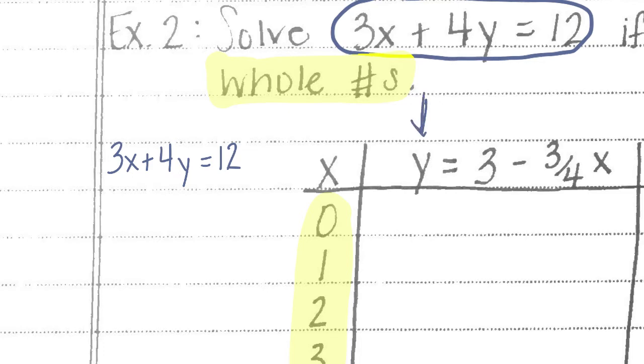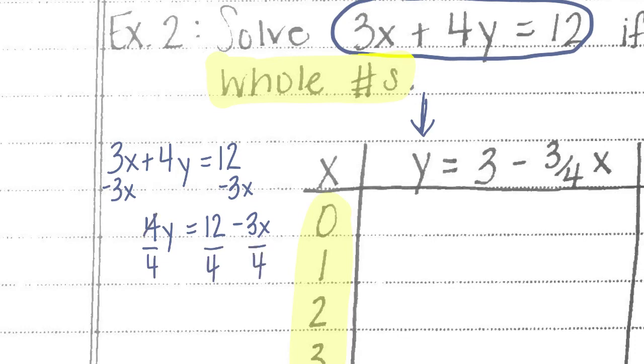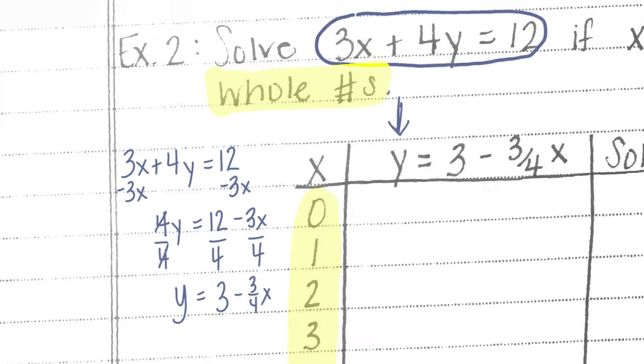So as you notice, I solved for y right here. The first step I'm going to do is subtract 3x. So I have 4y equals 12 minus 3x, and then I'm going to divide everything through by 4. So y is equal to 3 minus 3 fourths x, and that's what I have.